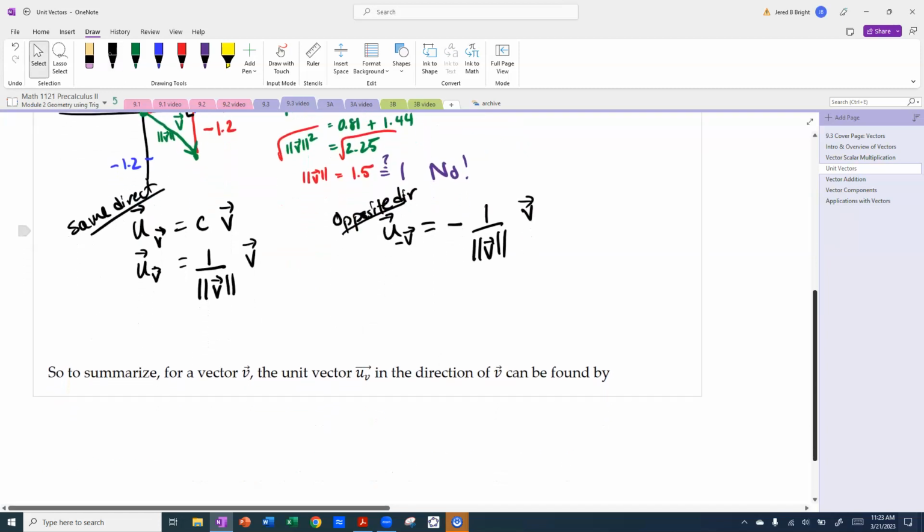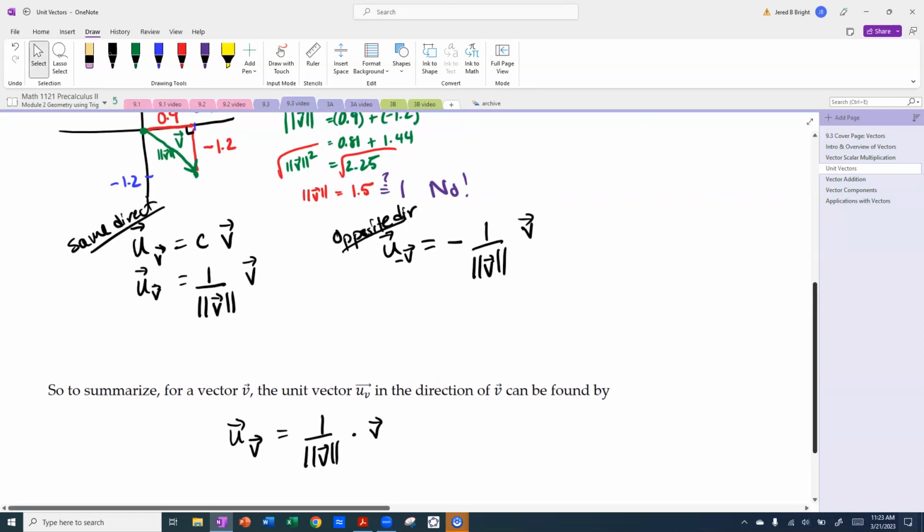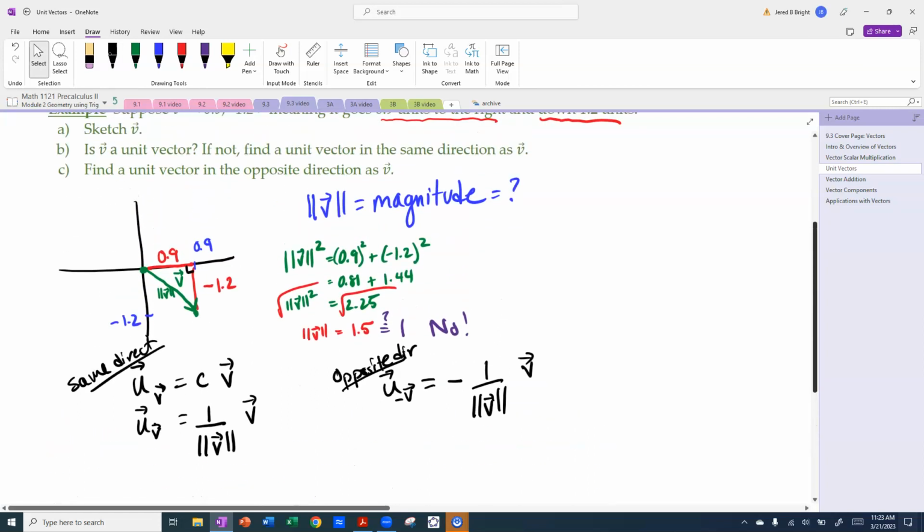And again, to summarize, if we want to find a unit vector in the direction of a given vector, just take the vector and multiply it by 1 over the length of the vector. And the length of the vector, if you're wondering how to find that, really is just the Pythagorean theorem, because you're treating how far you go right as one leg, and how far you go up or down as another leg, and then you're finding the length of the hypotenuse.